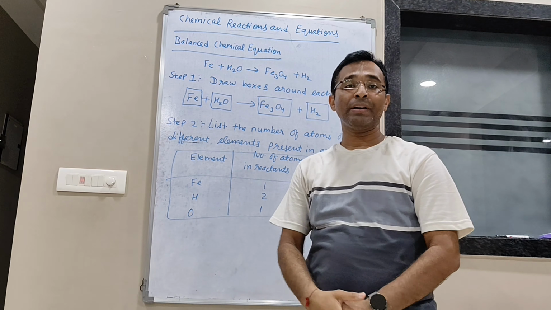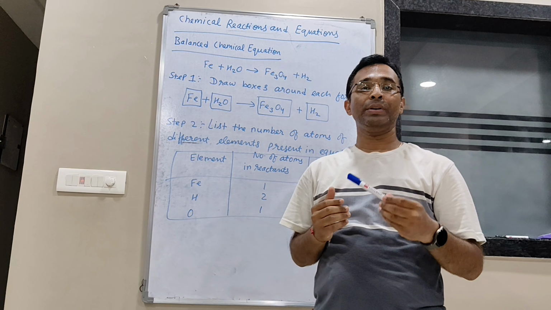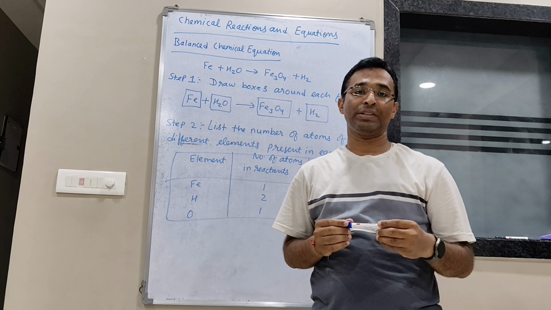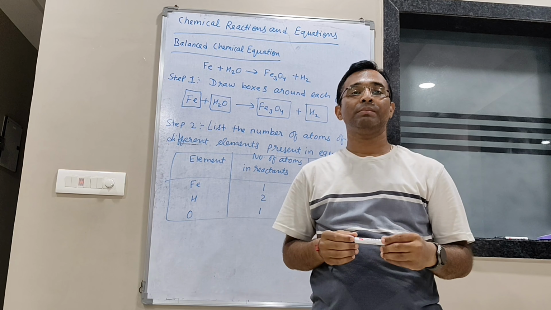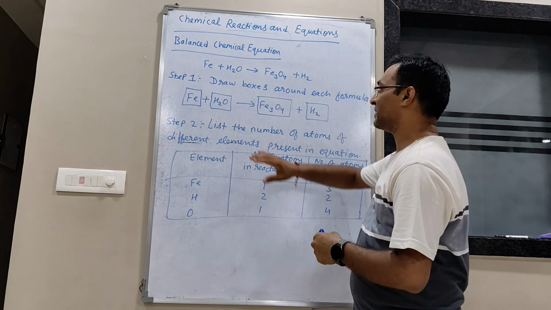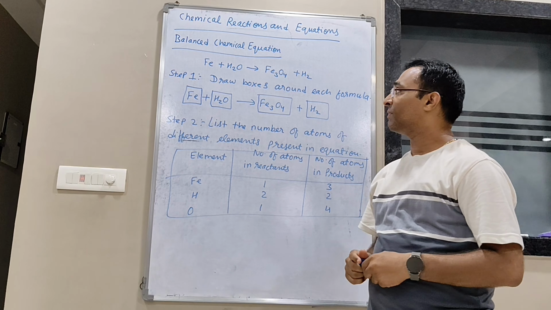Let's move to the next topic, which is balanced chemical equation. In this topic we are going to learn how we are able to balance a chemical reaction. There are various steps by which we can balance a chemical equation. We have taken here the example of a chemical reaction.